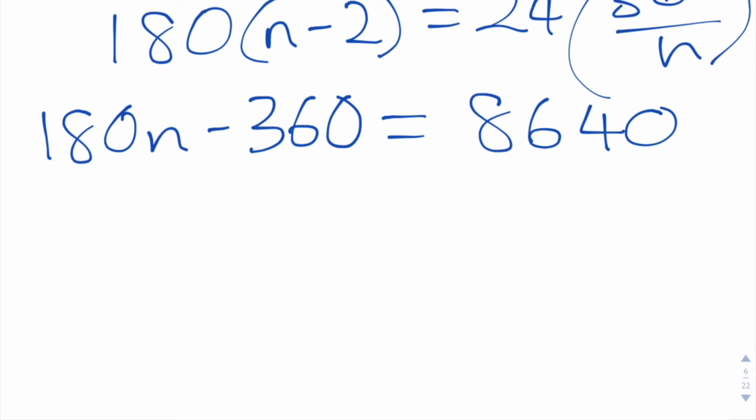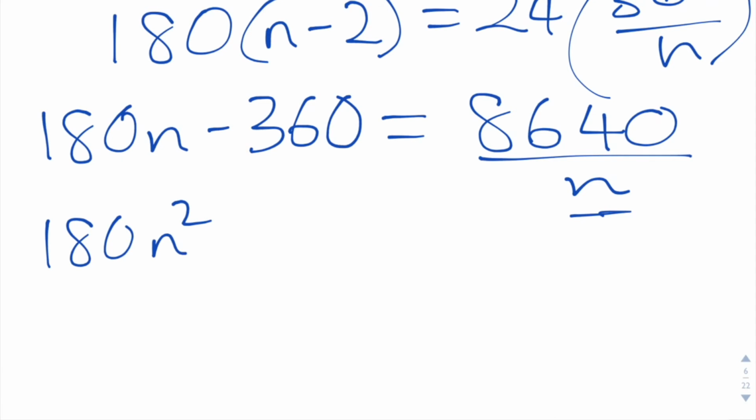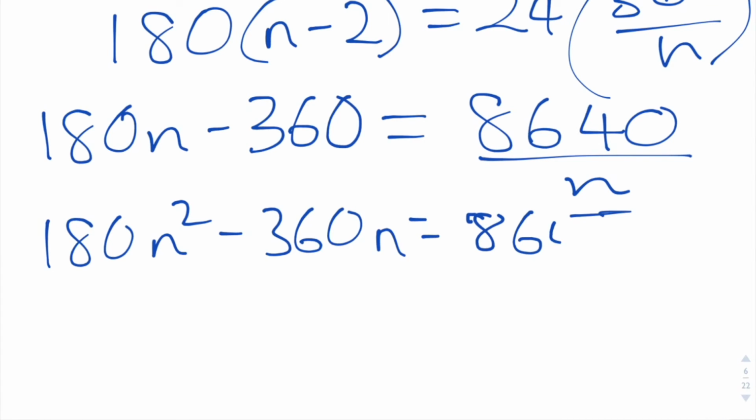Let me do that one more time, 24 times 360. Yep. All divided by n. And so our next step will be to times by n to get rid of this n at the bottom here. So that would make it 180n squared minus 360n equals 8,640. And we can even divide through by 180 to make these numbers a bit nicer.